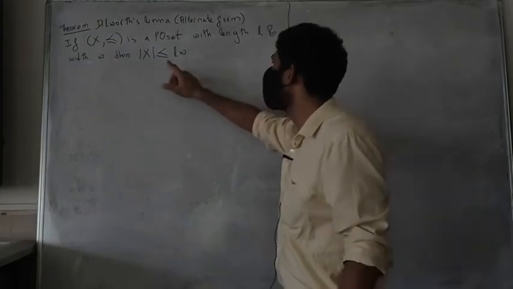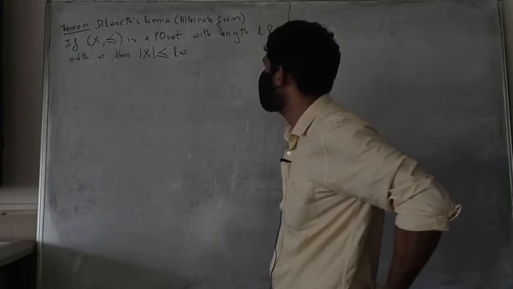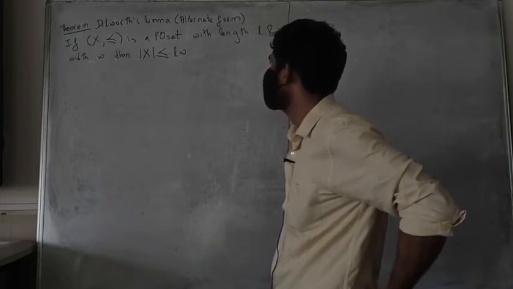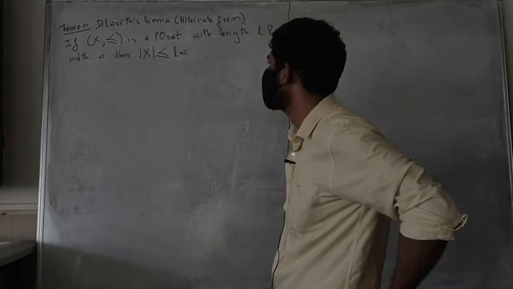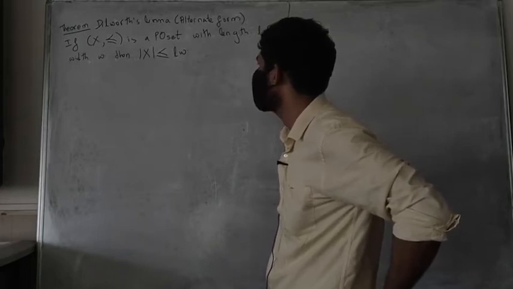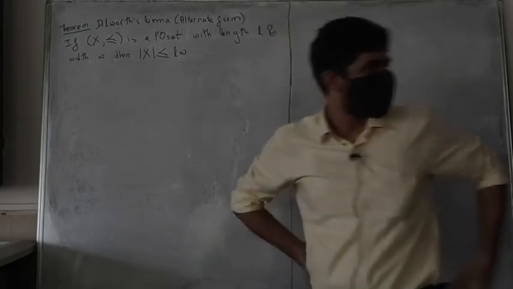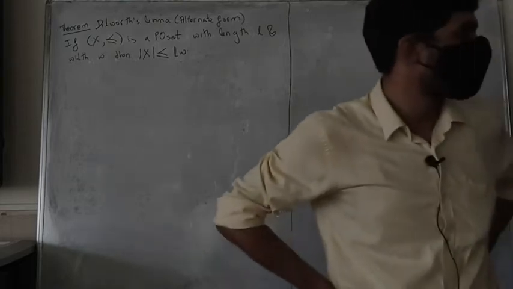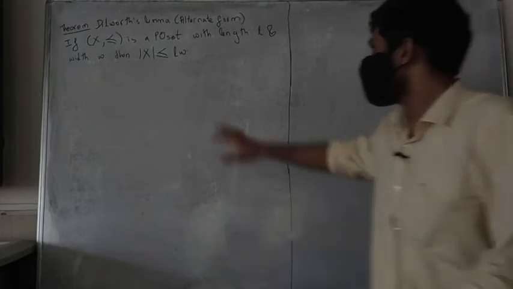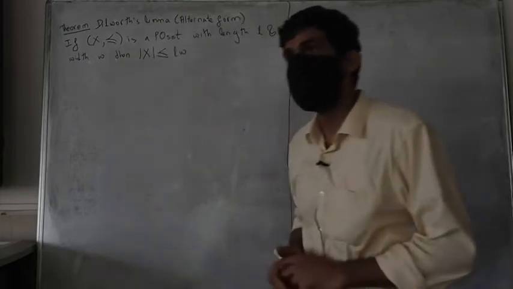You assume that the cardinality of this is greater than LW, and get a contradiction.